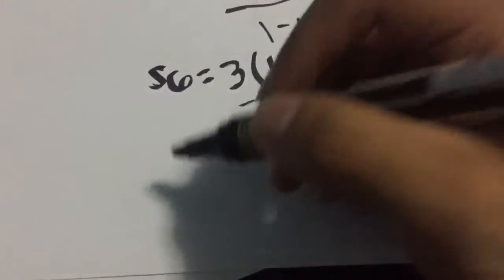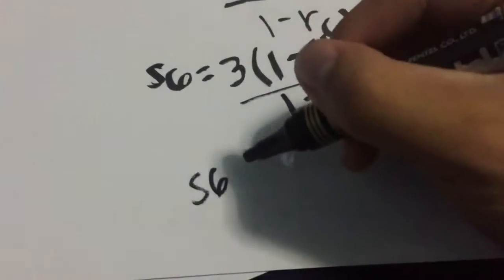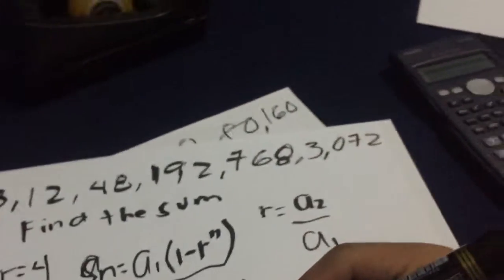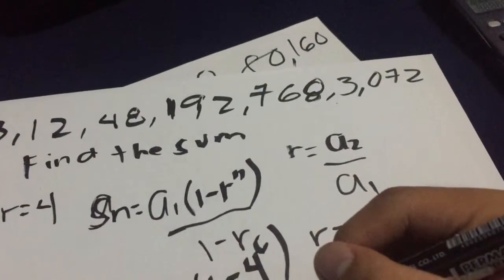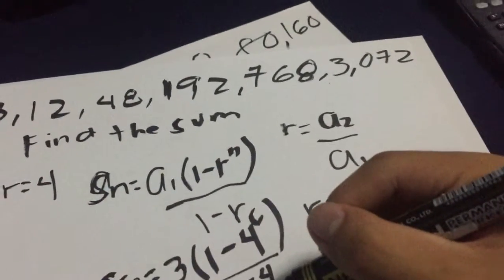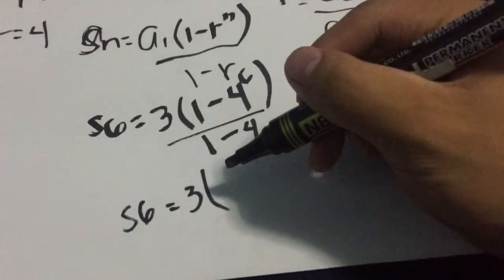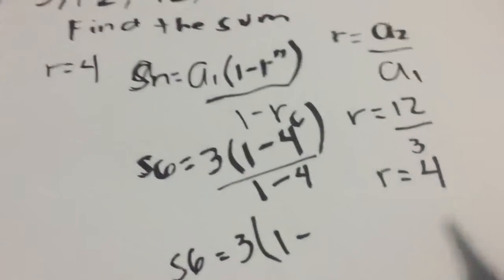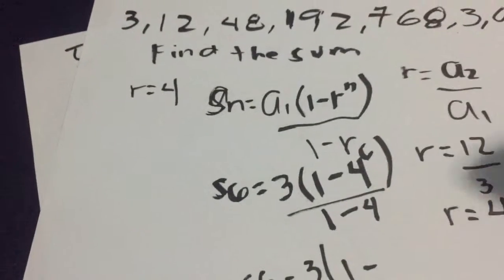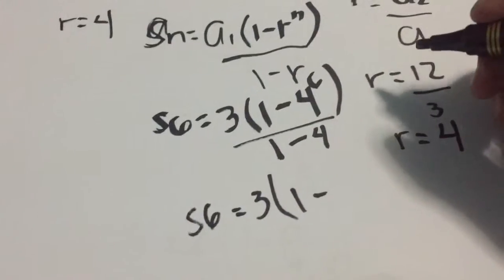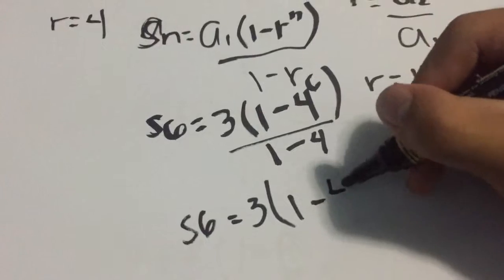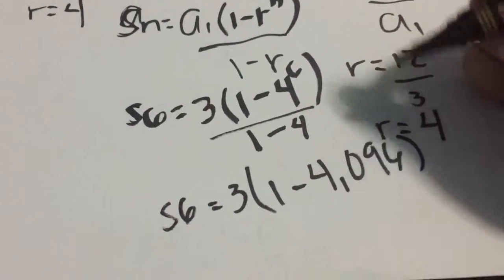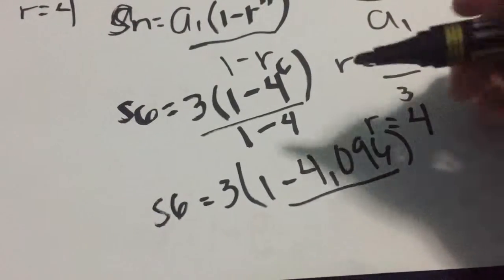We are expecting that kind of number here because our numbers ended at 3000. So 1 minus 4096, over 1 minus 4.